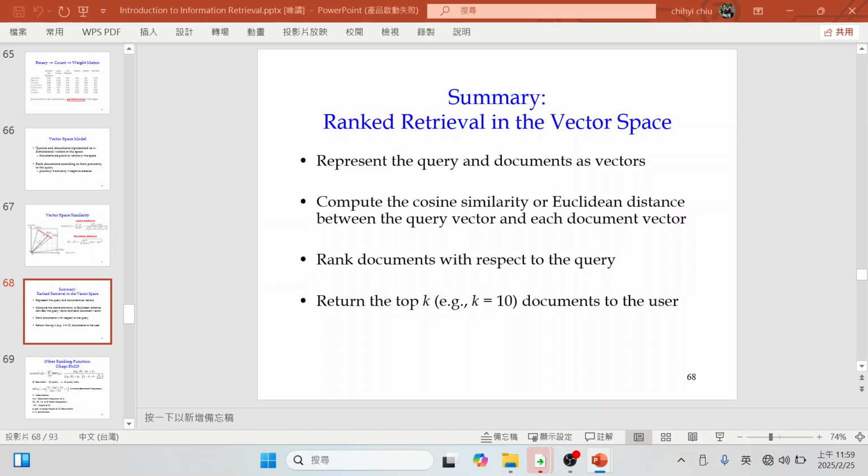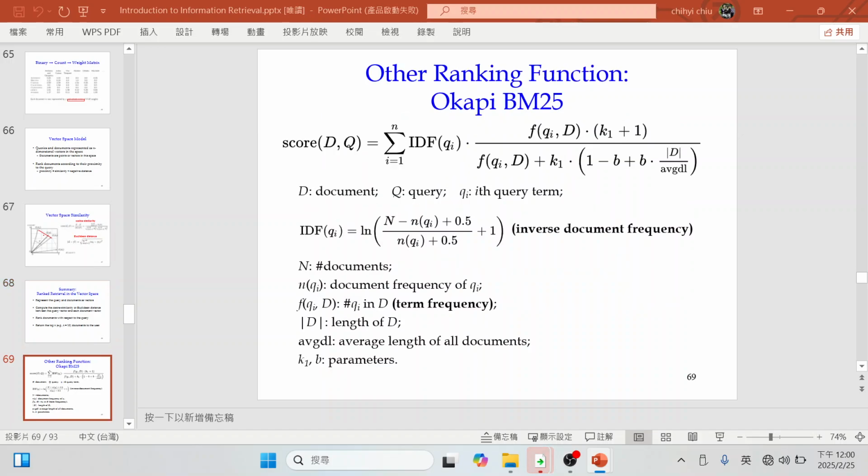When they are represented as vectors, we can use cosine similarity or Euclidean distance to calculate their relevance scores. Then we can rank according to their scores and retrieve the top K documents to the user. Okay, any questions?